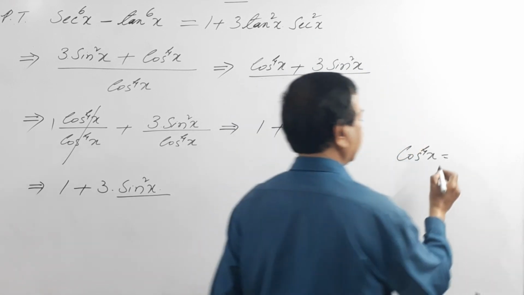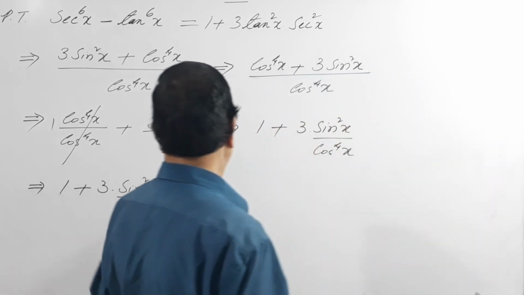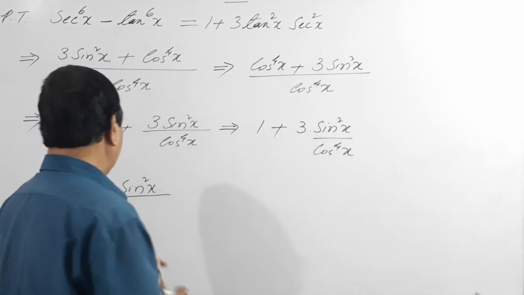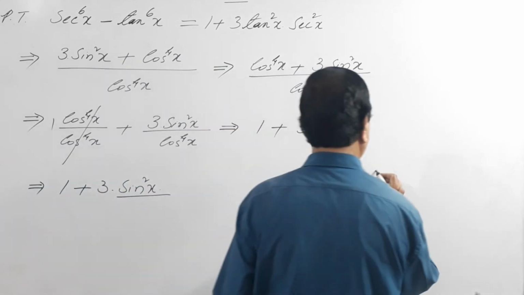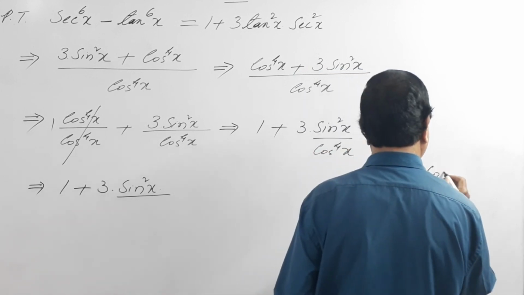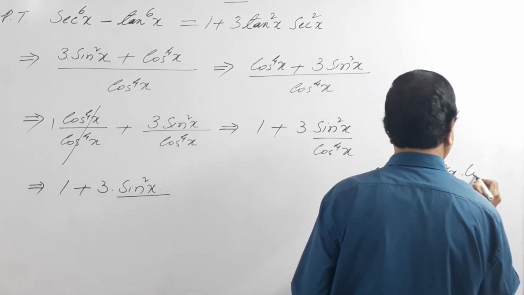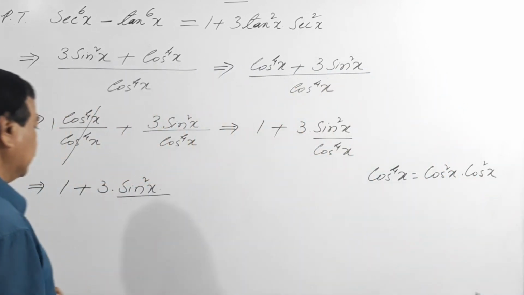Can I write this as, we have cos to the power of 4x. What I'll do, can write this as cos square x into cos square x. हाँ लिख सकते हैं सर, क्यों नहीं?